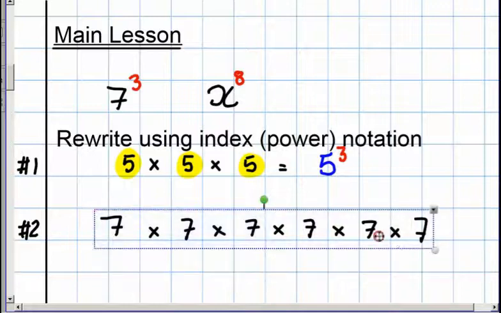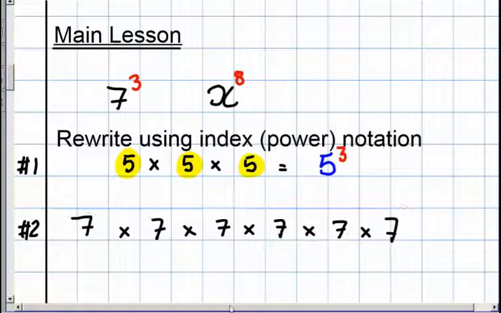Well, you don't want to keep rewriting that now, do you? There's an easier and a far quicker way of writing it. We write it as 7 to the power or index. Oh, there's so many. Let's count them. There's 1, 2, 3, 4, 5, 6 appearances of 7. So it's going to be 7 to the power of 6.